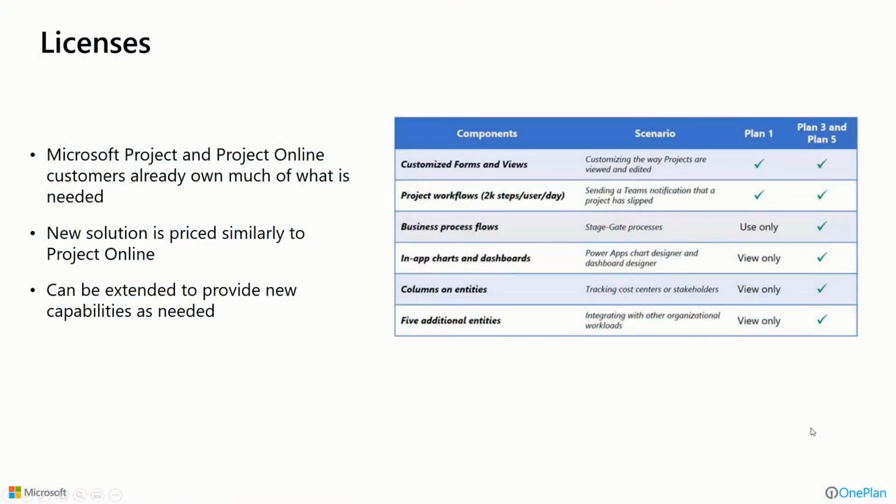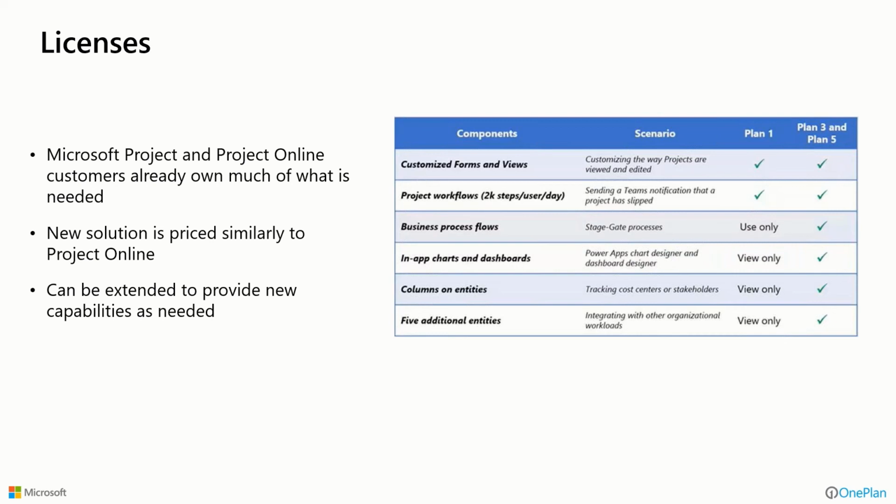We talk about this as something that's new, but in the Microsoft landscape, you may already own the licenses that give you access to a number of these things here today. If you own a Microsoft Project Plan 1, Plan 3, or Plan 5, there are capabilities that you get with this.